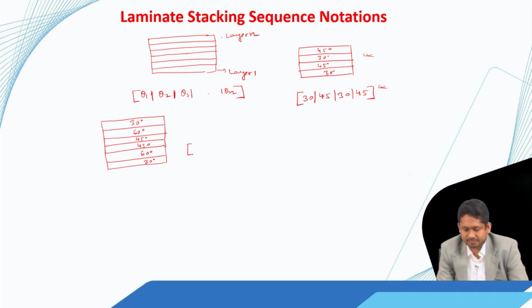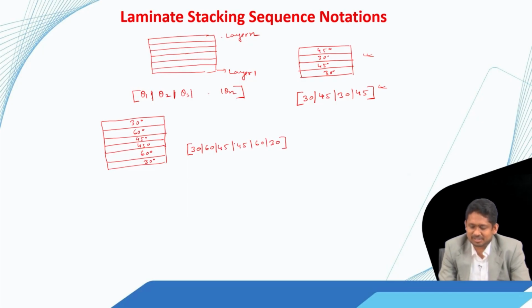In this case, as per our notation, the sequencing is denoted as 30, 60, 45, 45, 60, then 30. Now, because it is symmetric, we can write this as 30, 60, 45 S.